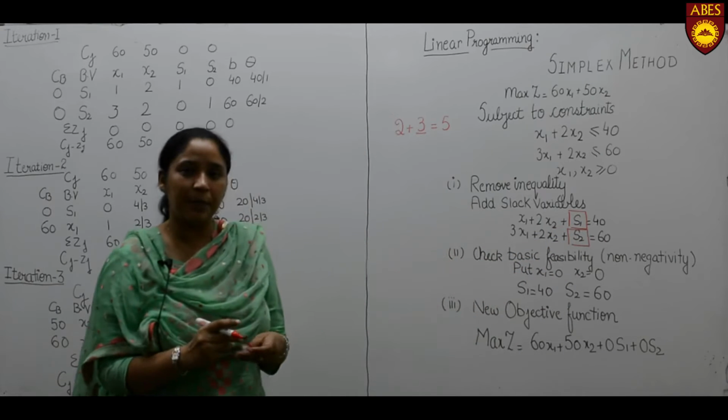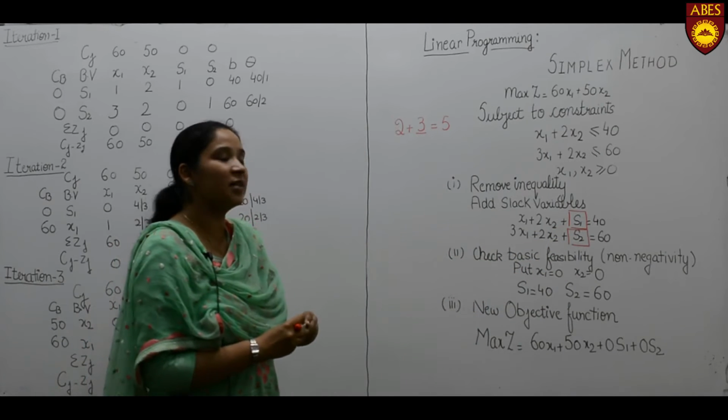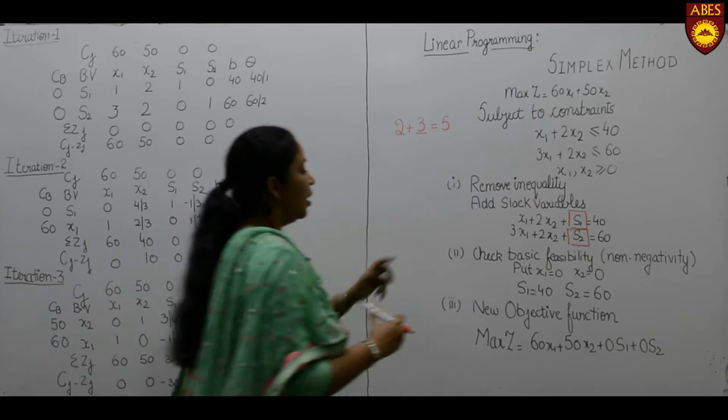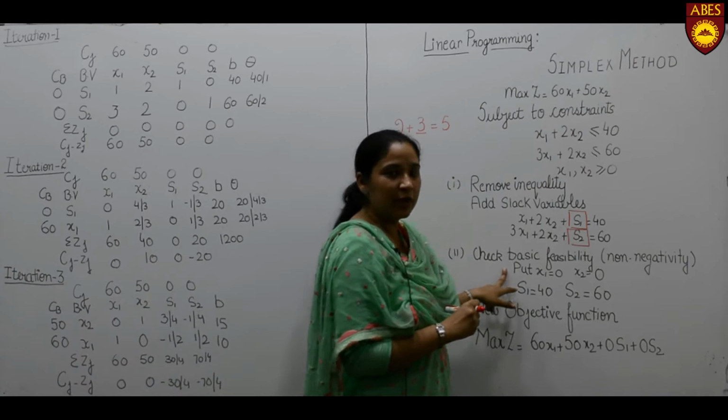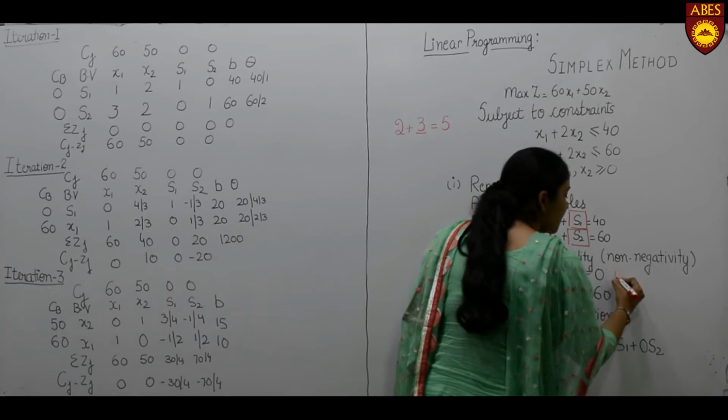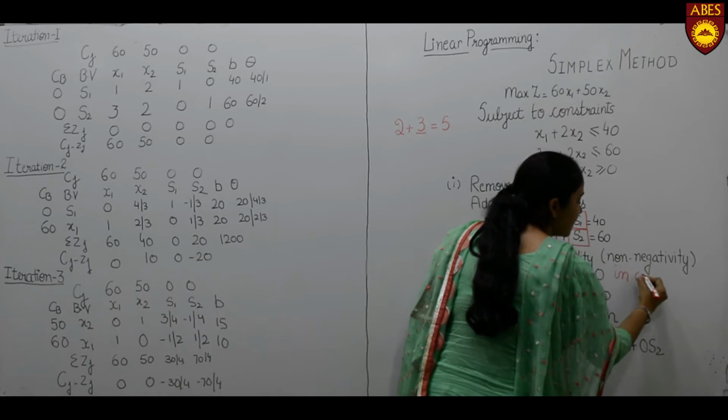Now the second step is to check the basic feasibility of non-negativity. You have to put x1 is equal to 0 and x2 is equal to 0 in the constraints.